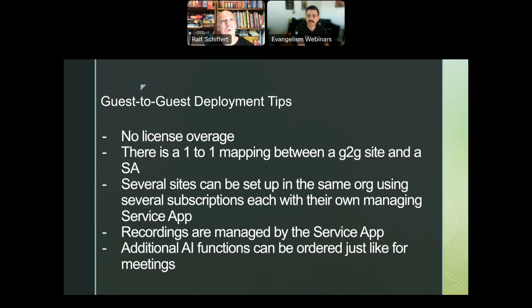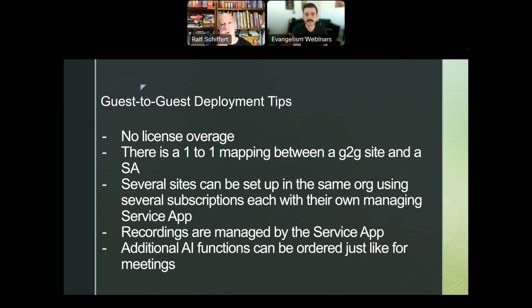So what happens if, let's say, you're an ISV partner and you want to host, the scenario I gave you earlier, I'm the ISV, but my customer orders the guest-to-guest subscription. Let's think about a scenario where I'm the ISV and I host these guest-to-guest meetings for different customers on my org.